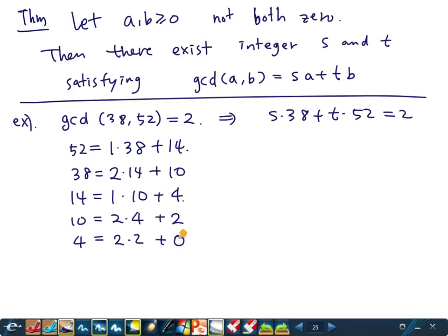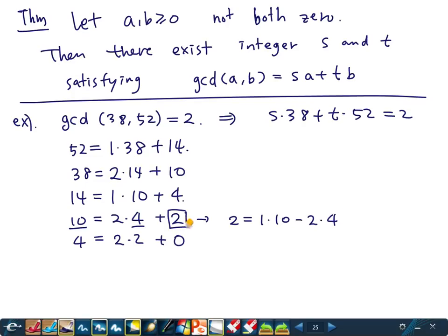Oh, by the way, this means the previous remainder must be the GCD. Now, our goal is to express 2 in terms of multiples of 38 and 52. How can you do that? We will reverse this. Here, 2 is expressed in terms of 10 and 4, right? It's 1 times 10 minus 2 times 4.